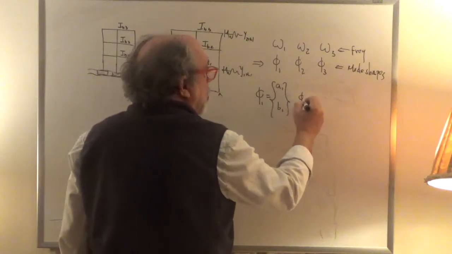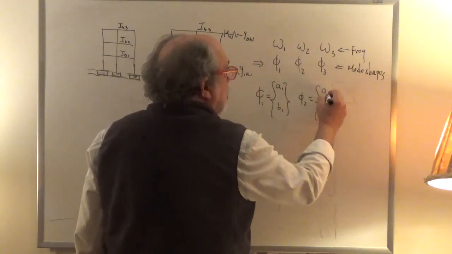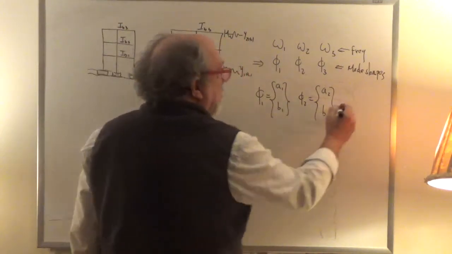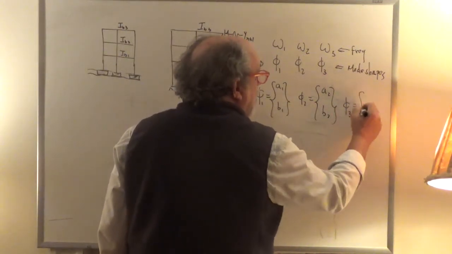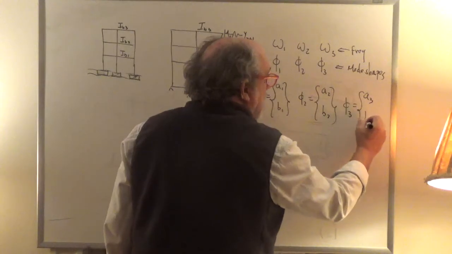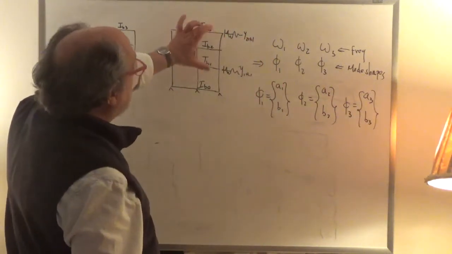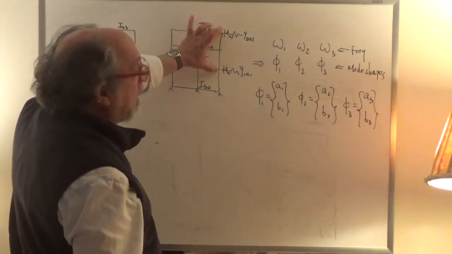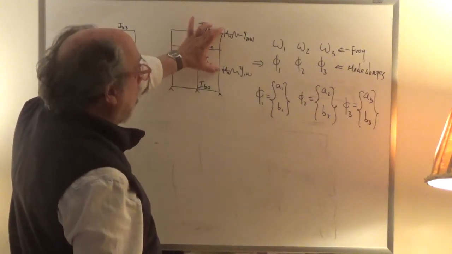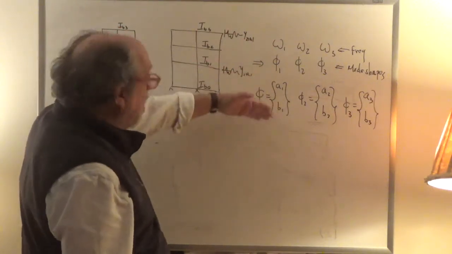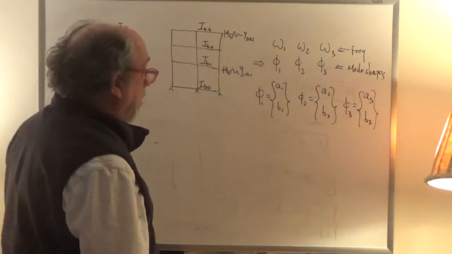My phi 2 is A2, B2. And my phi 3 is A3, B3. The real mode shape, of course, has values everywhere. But since I only have sensors in levels 1 and 3, all I can know about the mode shape is what is the value of the mode shape at 1 and 3.